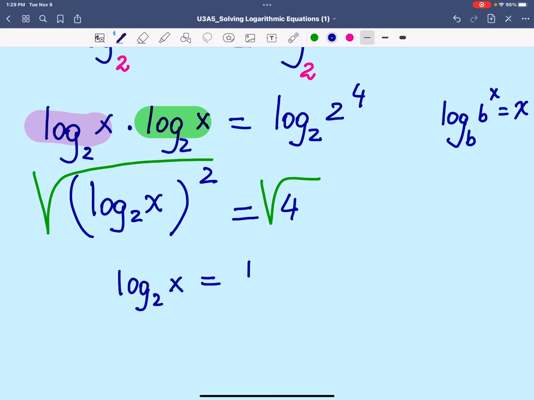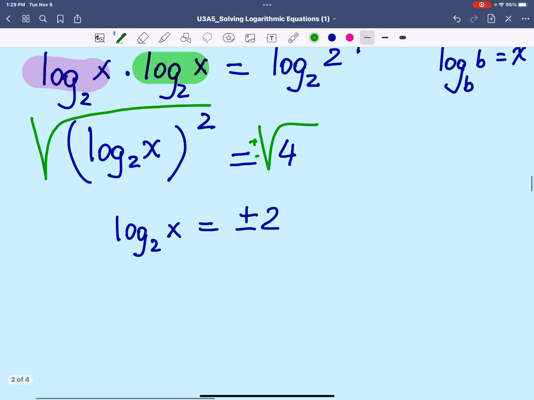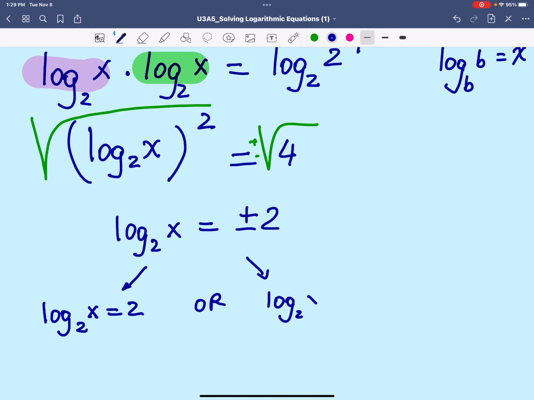equals plus or minus the square root of 4, which is plus or minus 2. So we are arriving at this point at two solutions here. So one that tells us that log with base 2 of x is 2, and one that tells us that log with base 2 of x can also equal negative 2.